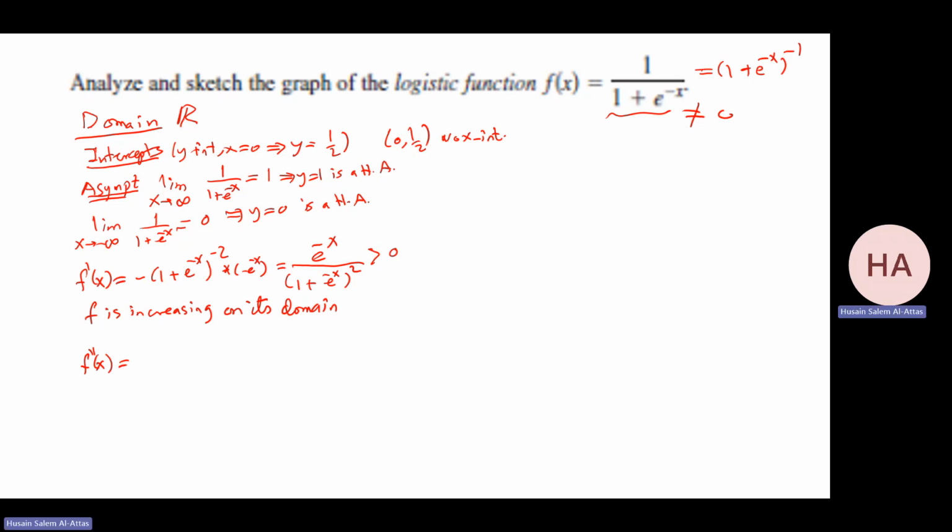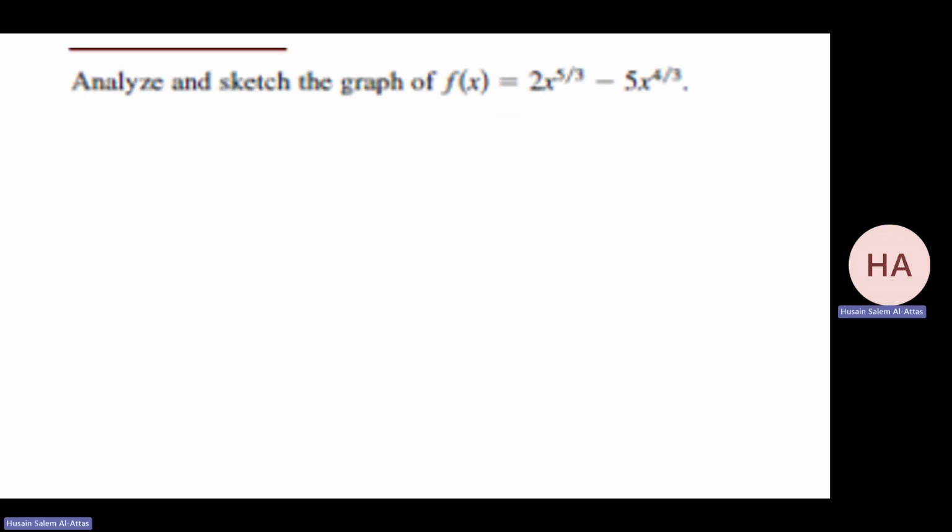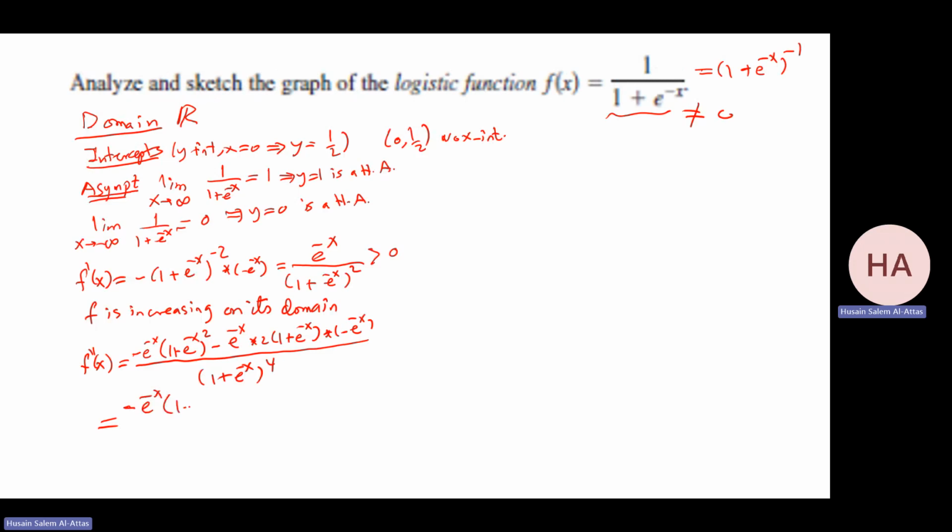F double prime. Let me do the calculation. That will be minus e to the minus x times (1 plus e to the minus x) times 2 minus (1 plus e to the minus x)... all over this to the power 4. I'm getting minus e to the minus x, with 1 plus e to the minus x as a common factor.